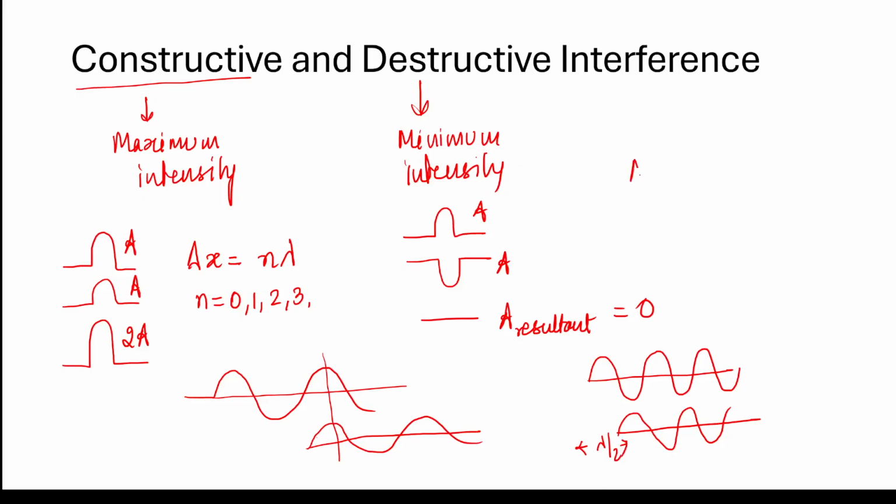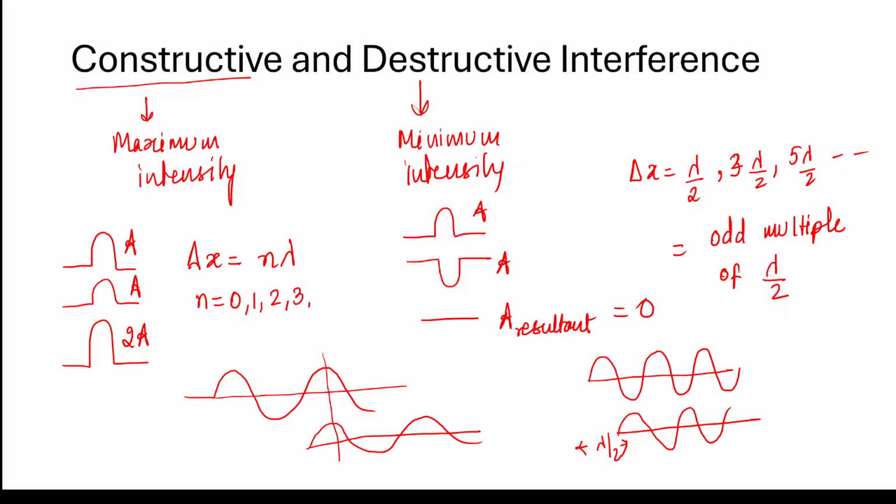So if the path difference is lambda over 2, 2 lambda over 2 would become constructive. So 3 lambda over 2, 5 lambda over 2, and so on. So now the path difference is an odd multiple of lambda over 2. All right, so if it is an odd multiple of lambda over 2, what kind of interference will you have? Destructive. Otherwise, it will be constructive interference. For constructive, it should be an integral multiple of lambda.